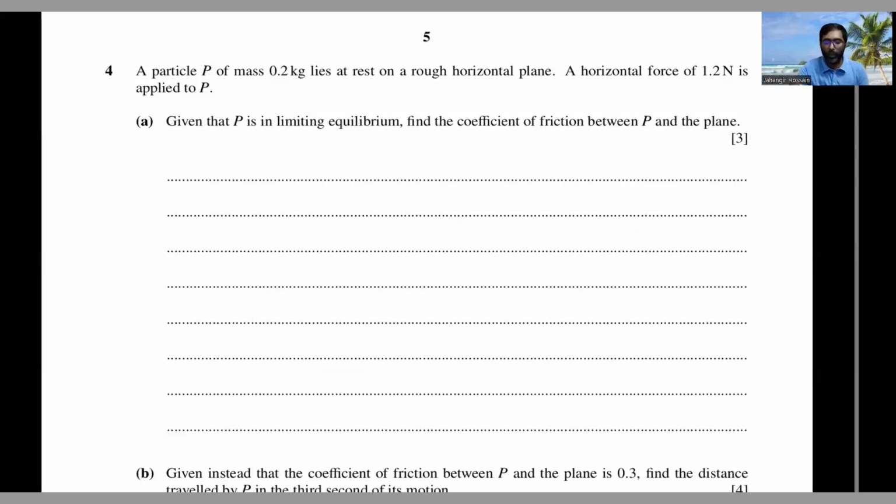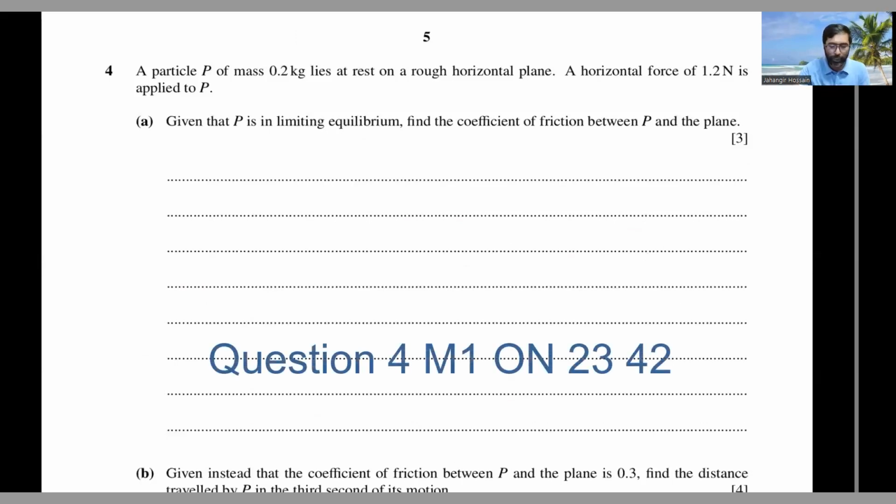In question 4, you see a particle of mass 0.2 kg lies at rest on a rough horizontal plane. A horizontal force of 1.2 Newton is applied to P. Given that P is in equilibrium, find the coefficient of friction.